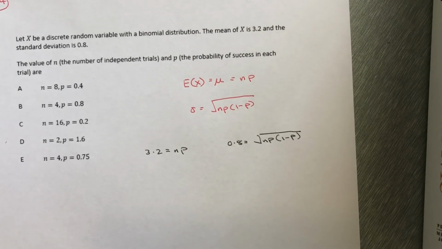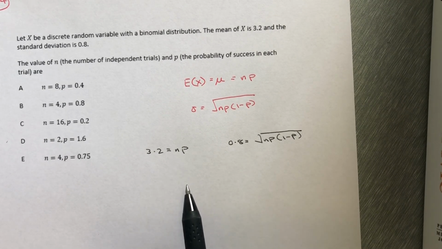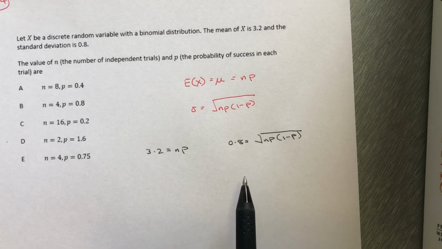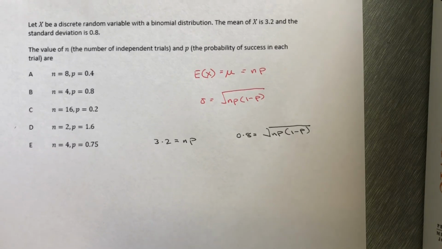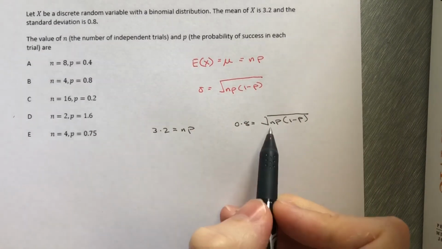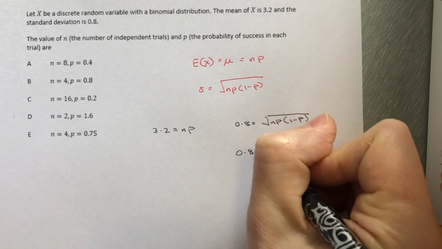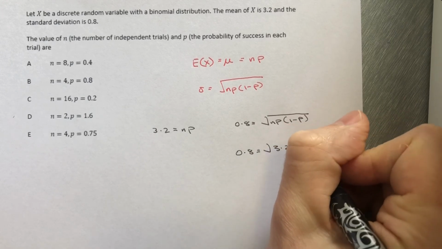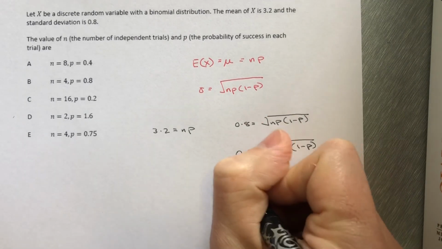Now, honestly, you could just put this straight into your CAS, solve system of equations, and work out what n and p are. That'd be super fast, and you should probably do that. I'm going to really quickly do it by hand because I don't want to switch between my computer. It's going to take too long. So np can go straight into there. We'll square both sides to get rid of that.